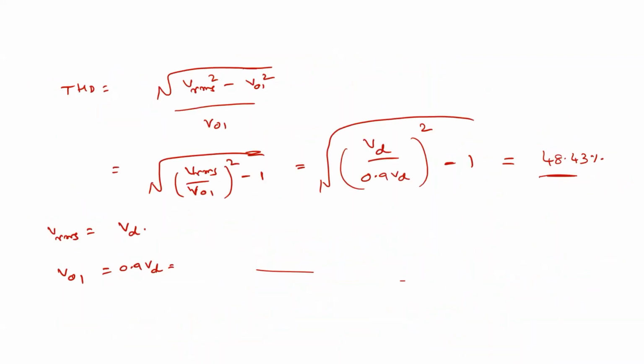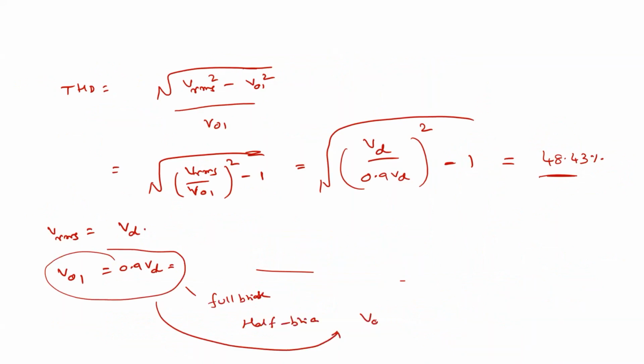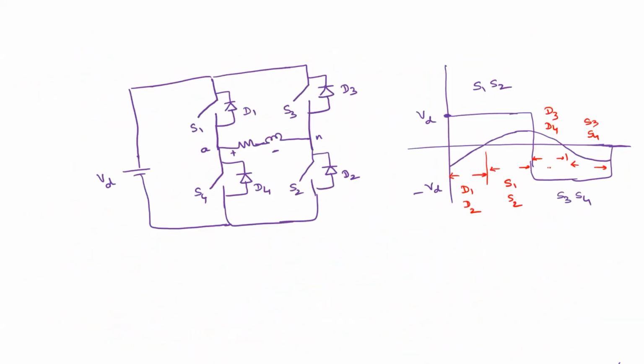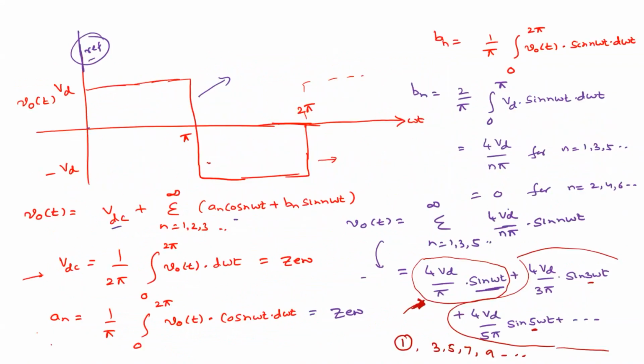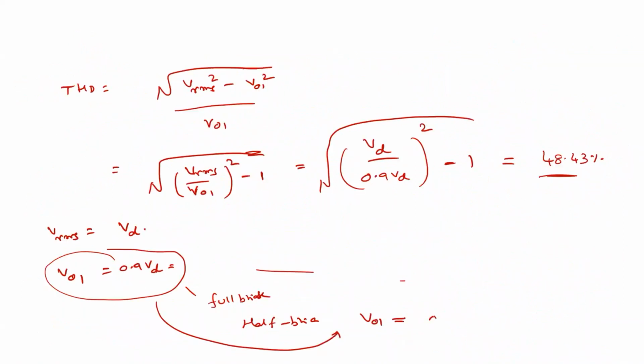Things you need to remember: this is for the full bridge. In the case of a half bridge, what is V01 for this circuit? 0.45 VD. If this VD is split into two, VD by 2 and VD by 2, then V01 will be 0.45 into VD.